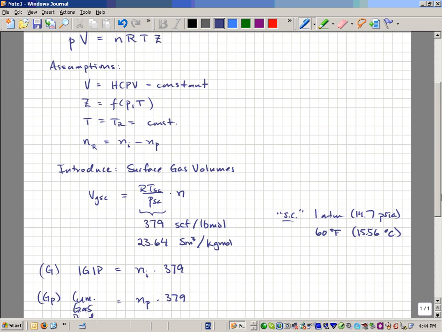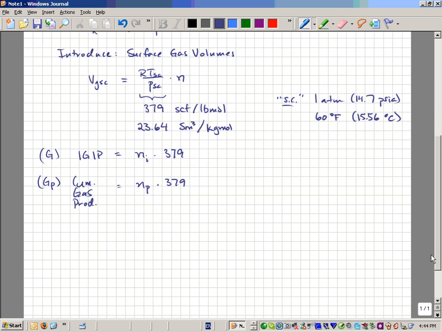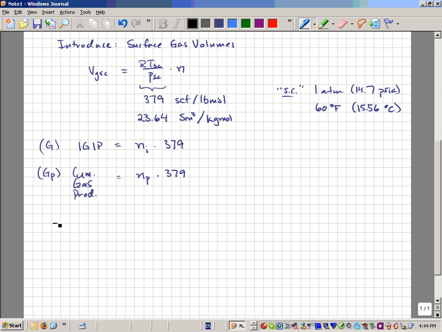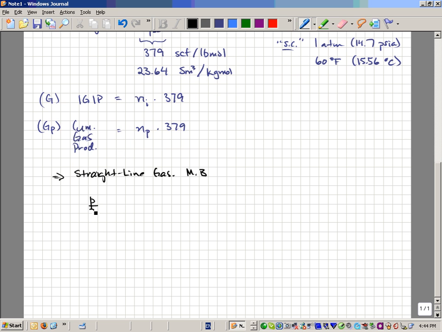And together with the assumptions that we have a constant hydrocarbon pore volume, Z factor is expressed as a function of pressure and temperature. The temperature is assumed constant. And we then arrive at the so-called straight line gas material balance, written as P over Z equal to the initial P over Z times 1 minus the basically recovery of surface gas.